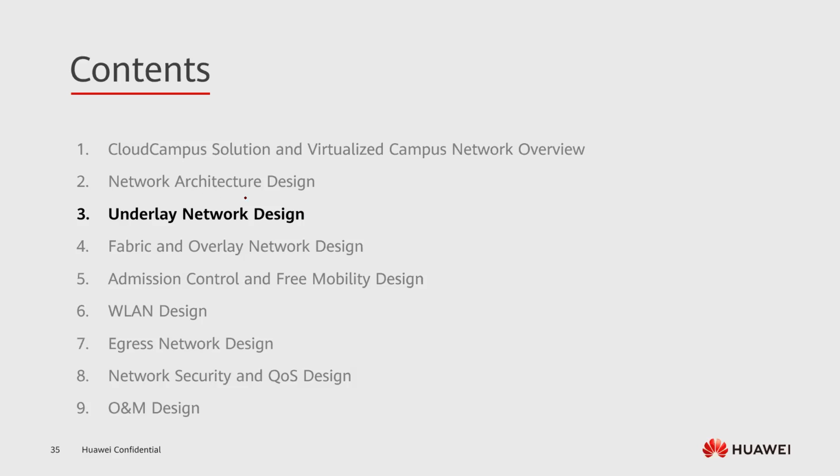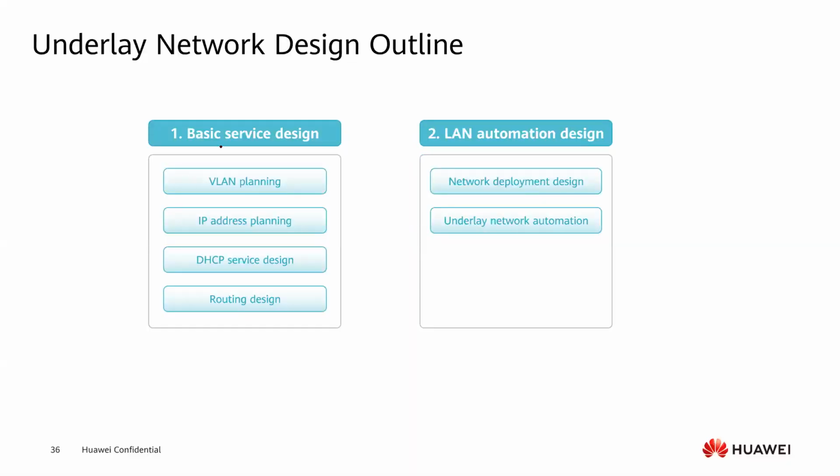After you consider the architecture, you need to consider the underlay network design. For the underlay, you need to think about the basic services such as the VLAN, the IP, the DHCP for the devices and also for the users, and the routing. However, for all of this design, you can just do the planning in a table, and think about the value of the VLAN and the network segment of the IP address to assign to the users.